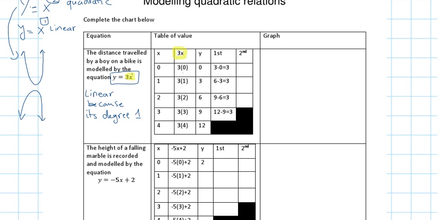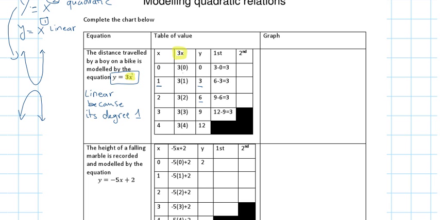If x is 1, then I have 3 times 1. What's 3 times 1? 3. So when my x is 1, my y is 3. Are we okay with this? If x is 2, then it's 3 times 2, which gives me 6. So when x is 2, y is 6. When x is 3, y is 9. When x is 4, y is 12.